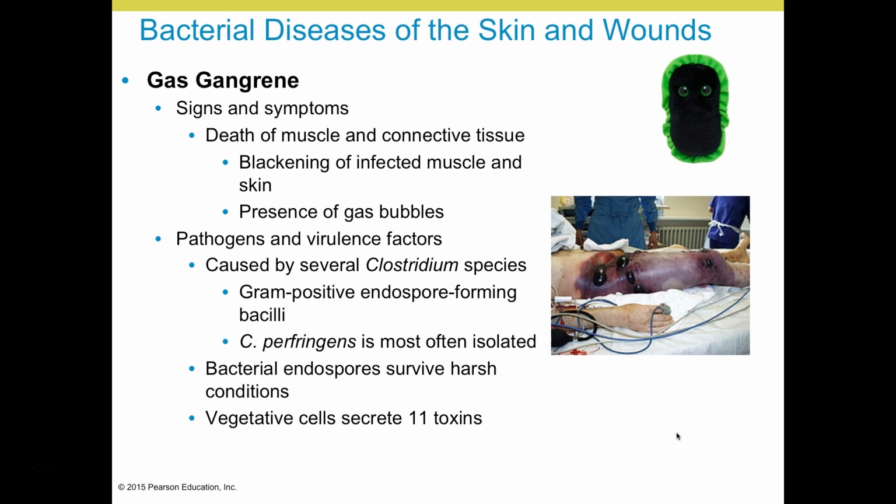Okay, gas gangrene. This is caused by Clostridium species, which are also endospore forming. They have the ability to survive very harsh conditions, and they secrete 11 toxins, which actually cause gas to be created under the skin of the patient.